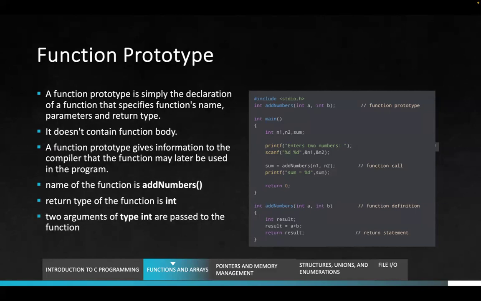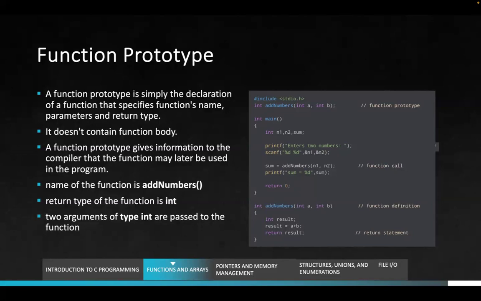Let's take one example on the right side of the slide. You have a function prototype for the function int add numbers, with int a comma int b as arguments. So you are passing two variables with integer data types, the function name is add numbers, and the data type of the function is integer.